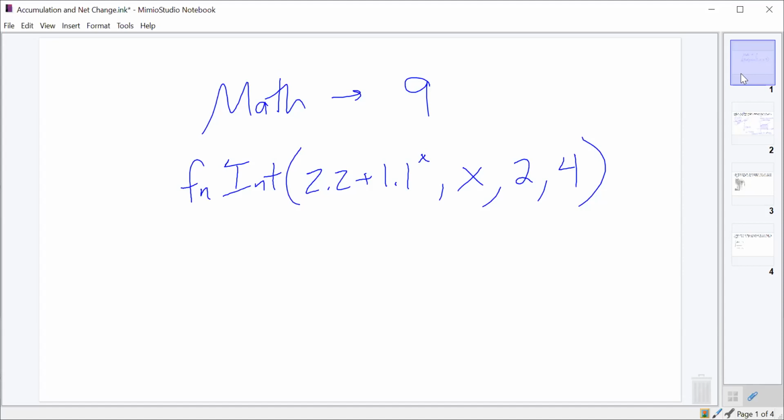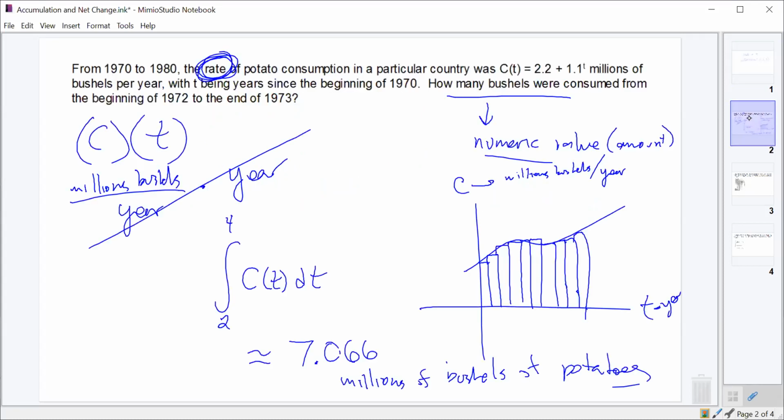Wait, and then if you divide this by the time, then couldn't you figure out the average rate using your calculator? Yeah, you can find the average. If you divide your answer by 4 minus 2, yeah, that'll tell you the average rate. And like you were saying, find the average and then multiply by the number of years.